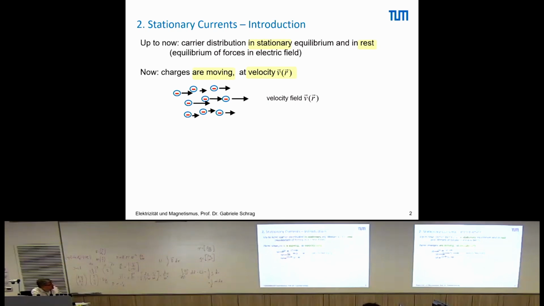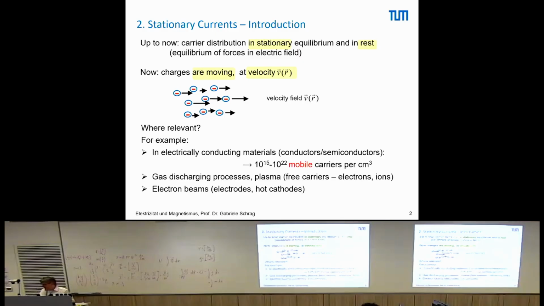So you have a velocity field here, and they can have different velocities: by magnitude, a fast moving carrier and a slow moving one, and they also differ slightly in direction.